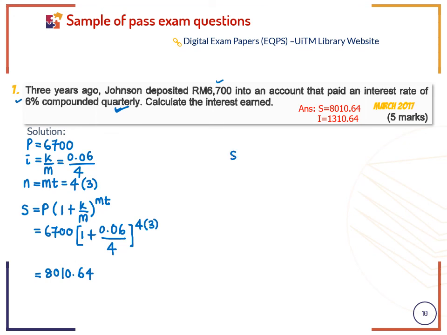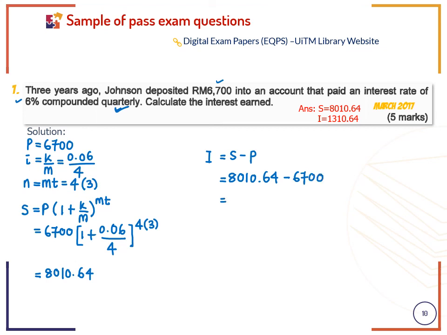Subtract the value of P from S to find interest earned, where S equal to 8,010 ringgit 64 cent minus P equal to 6,700.